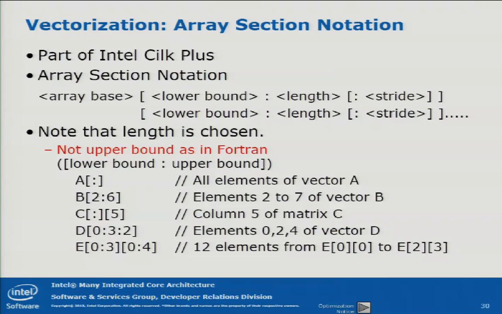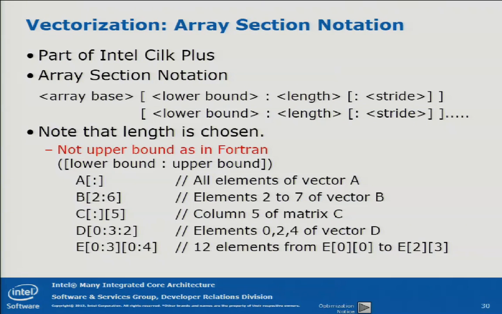The reason for that is that C is, first of all, a zero-based language, and all the APIs and all the pointer semantics in C are zero-based and length-based, not upper bound-based. So when you declare an array with 10, you get 10 elements, and not from 1 to 10, right?